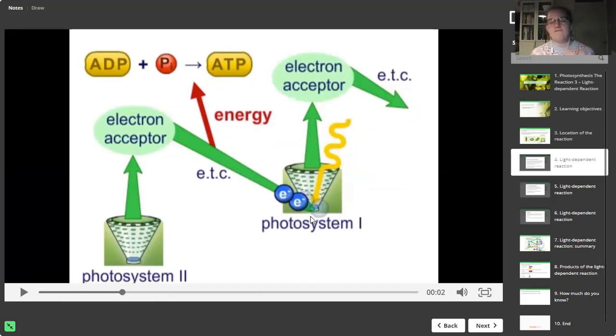They get excited, they gain energy, and they are accepted by the electron acceptor up here. Photosystem 1 is now deficient in electrons, but from the electron transport chain, those 2 electrons have just come down to photosystem 1, and photosystem 1 is able to accept those electrons that came from photosystem 2. So it's a bit of a recycling process here.